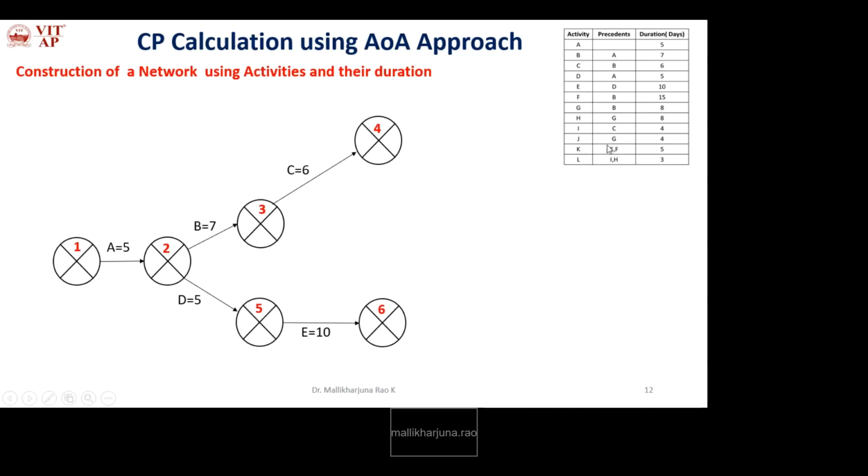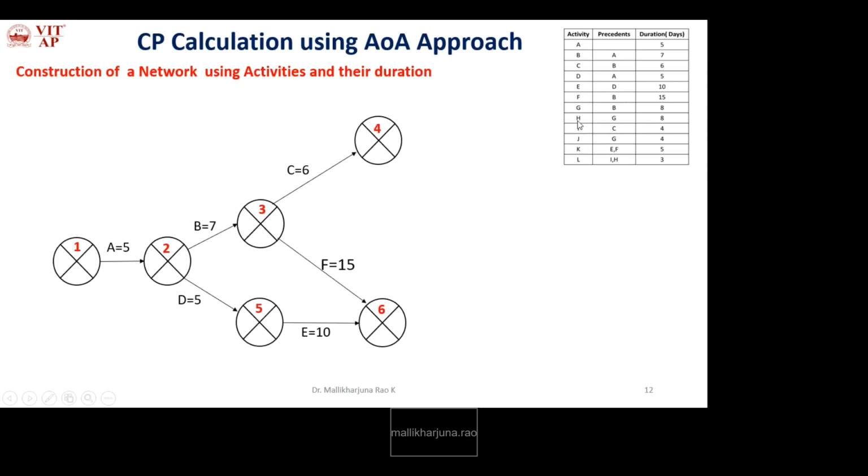No, it is ending along with E. So we already represented E. What is the end event for E? 6 is the end event. So we need to ensure that both E and F end at one event. E is already ended, so we can join the event F after B, that is from 3 to 6.